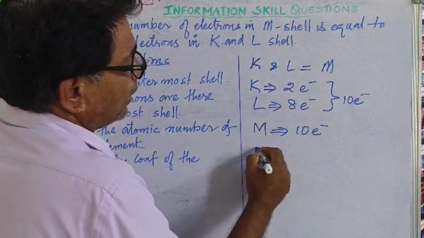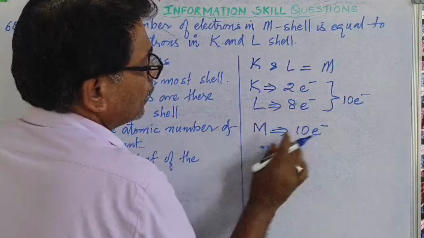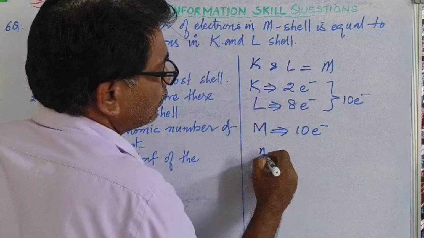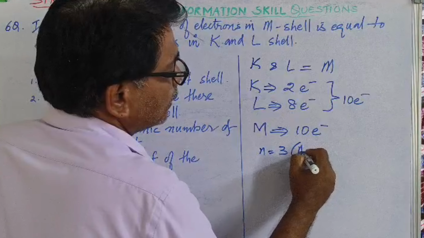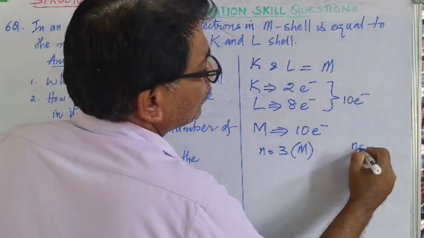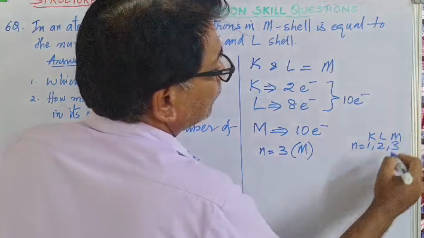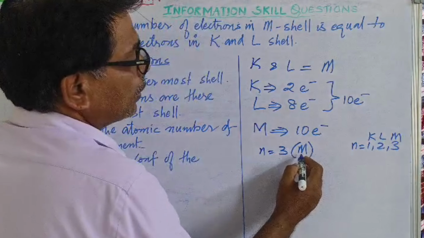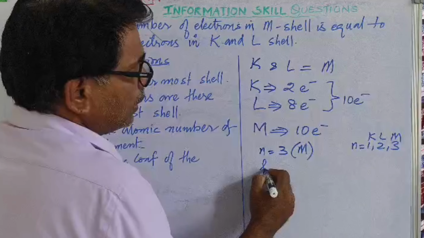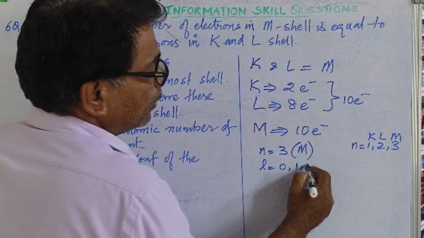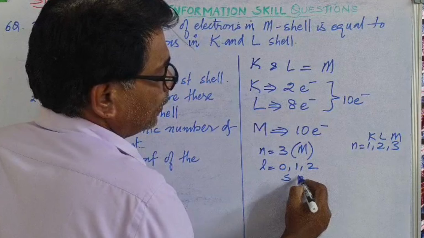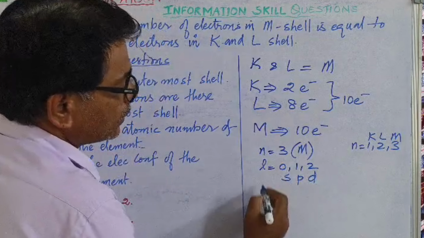So he's telling that M should hold how many electrons? 10. First of all, n is equal to 3, means it is M, because n is equal to 1, 2, 3. This is K, L and M. So n is equal to 3, M shell. That means l is equal to what? 0, 1 and 2. S, P and D. Let's write down the same thing.